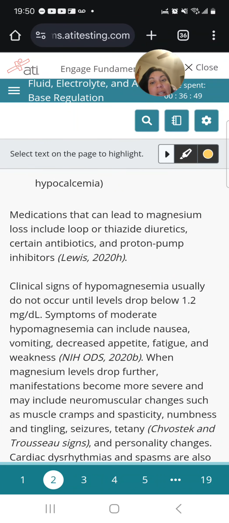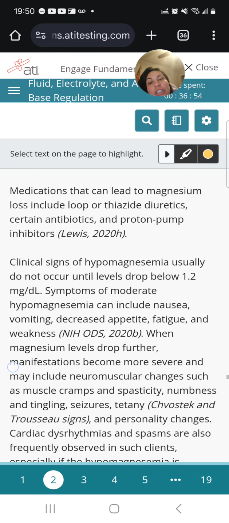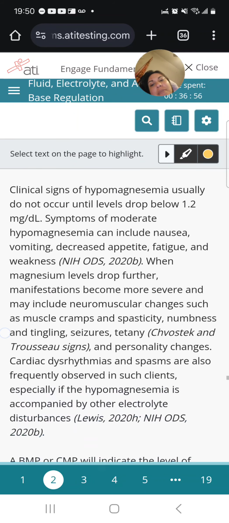Medications that can lead to magnesium loss would be loop or thiazide diuretics, certain antibiotics, and PPIs.